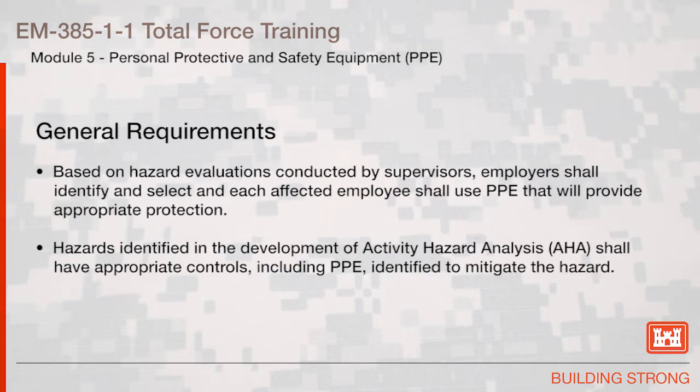Based on hazard evaluations conducted by supervisors, employers shall identify and select, and each affected employee shall use PPE that will provide appropriate protection. Hazards identified in the development of activity hazard analysis shall have appropriate controls, including PPE, identified to mitigate the hazard.